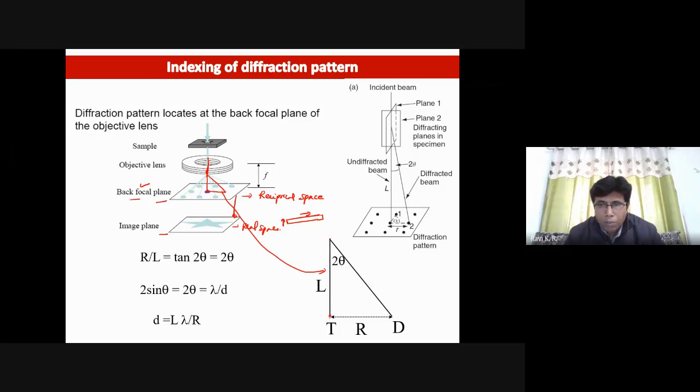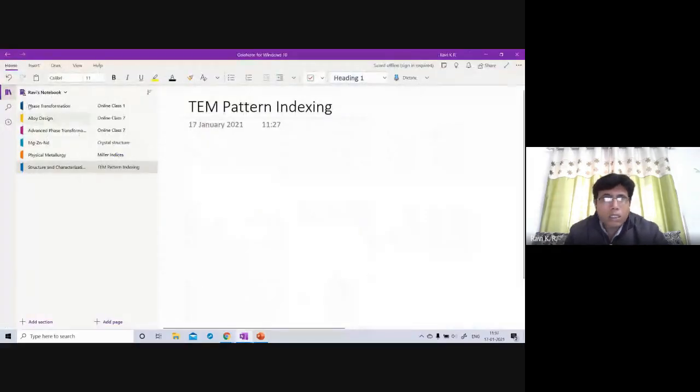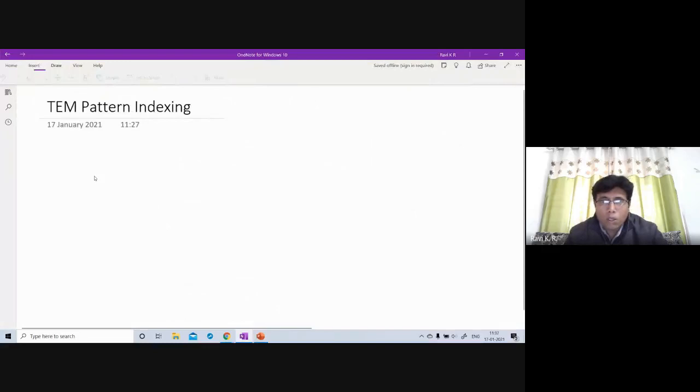This is the spot, you have a transmitted beam, and this is one of the diffracted beams. Now this angle is 2 theta. So when you look at the ring pattern, you have something like this.